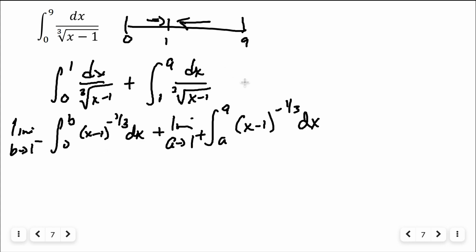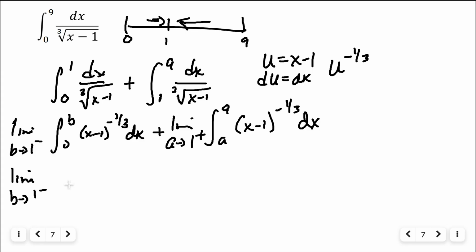All right, and then to do this integral, I'd need substitution. Let u be x minus 1. To use dx, it's a straight substitution. It would give me u to the negative 1/3 if I look at it over here. So I'm going to add 1, divide by what I get. That's u to the 2/3. So this is going to be the limit as b goes to 1 from the left, straight line from 0 to b.